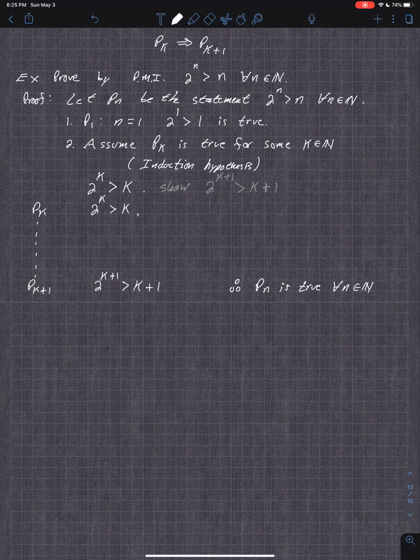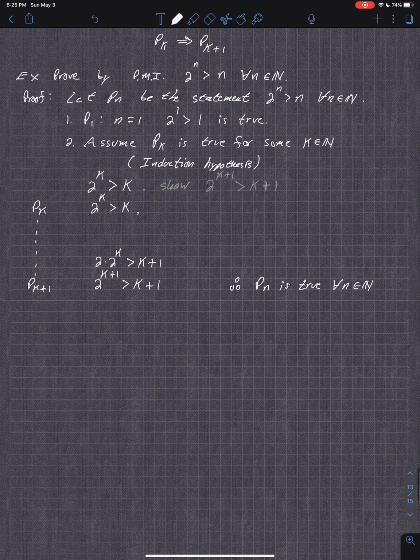So let's see. For example, 2 to the k is 2 times 2 to the k minus 1. That gives you an idea of what to do. So how is this compared to this? Well, the left-hand side has an extra 2 right there.